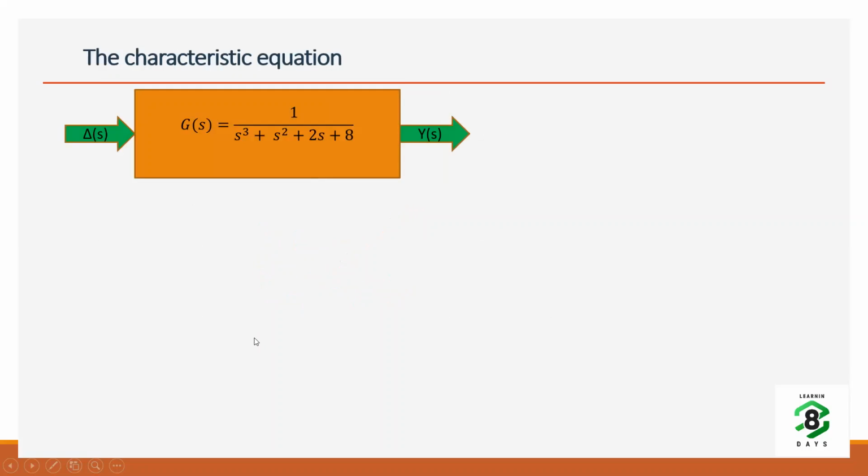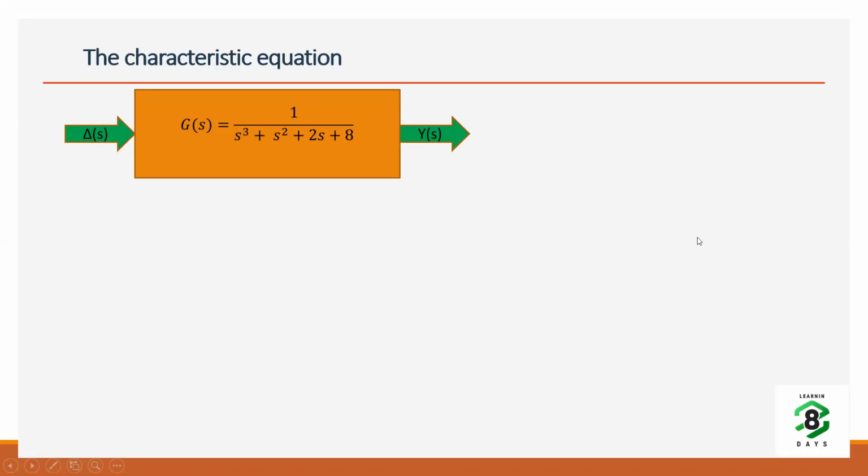Okay, I'll just cover one more concept, another 3-4 minutes, and then I'll take up problems. This is not directly a stability problem, but this is another concept I just want to refresh. The characteristic equation. Any control system is defined by its transfer function, and the transfer function in S domain is given as G(s).